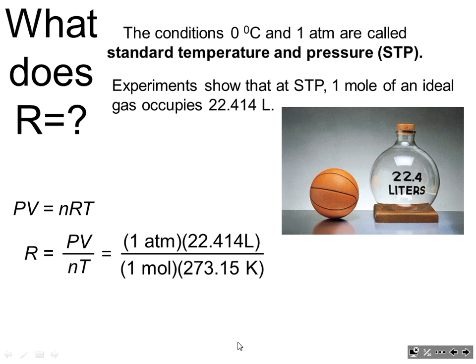But one thing that Kelvin does not have is negative numbers. Kelvin does not have negative numbers. So we have to convert that temperature into Kelvin. When I do so, and I do that math, I get a value of R to equal 0.082057.